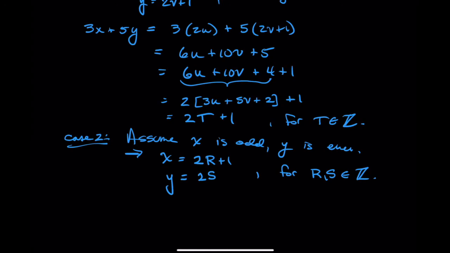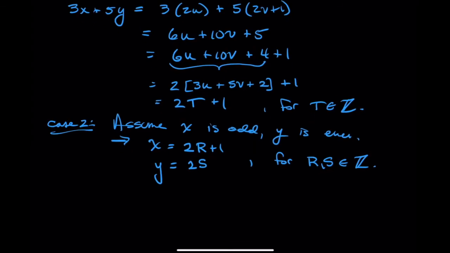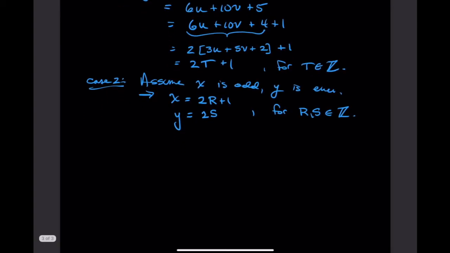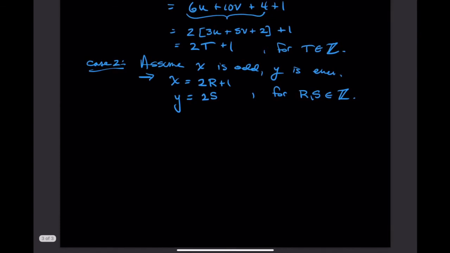So again, I'm just trying to use a bunch of different letters here, the dummy variables, so that nothing gets too confusing when we reuse them. I know it's potentially even more confusing because we're using so many, but I don't want to use something like a here, and then we revert that to the last proof, and then we think that it might be the same integer. So just to be sure.